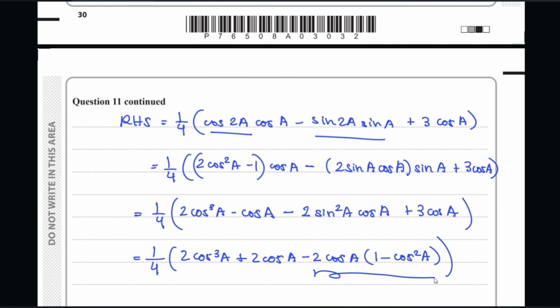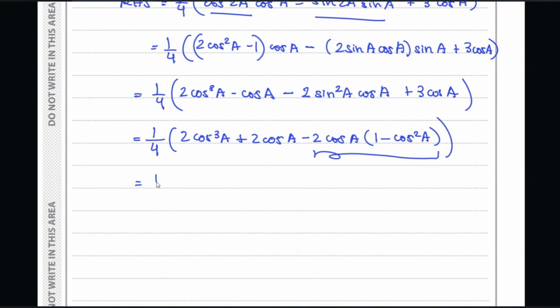So we still need to deal with this term. So 1 over 4, we have 2 cos cubed a plus 2 cos a. Now minus 2 cos a multiplies with 1, so that's minus 2 cos a. And then minus 2 cos a multiplies with minus cos squared a, so that becomes plus 2 cos cubed a.